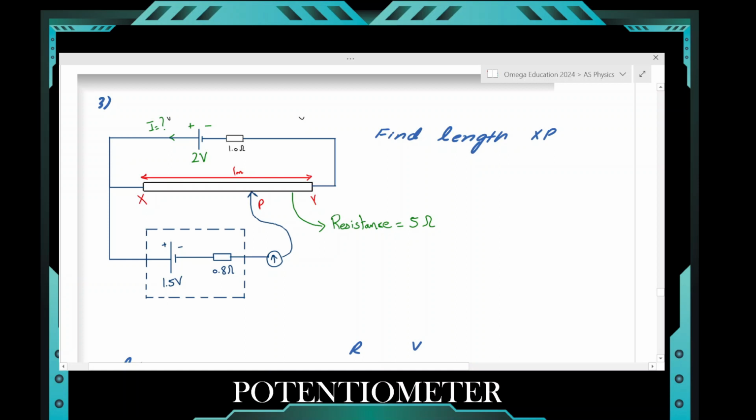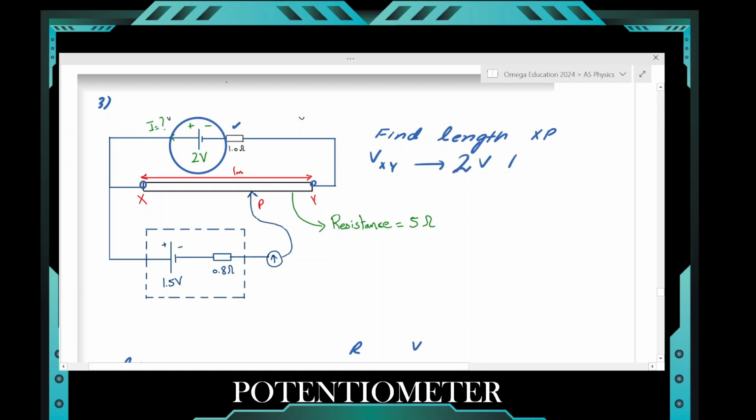Case 3. There is an additional resistor in the upper circuit. So now, for the upper circuit, the potential difference across X and Y, which was previously 2 volts in the other 2 examples, this time around would not be 2 volts.